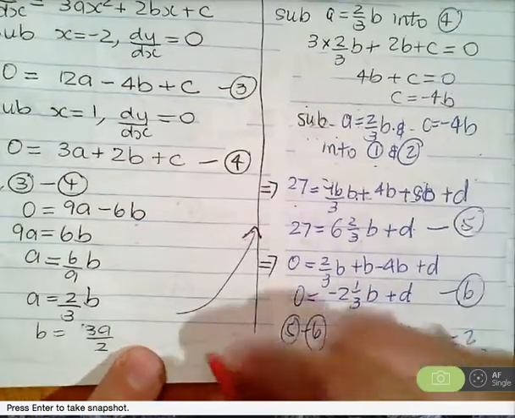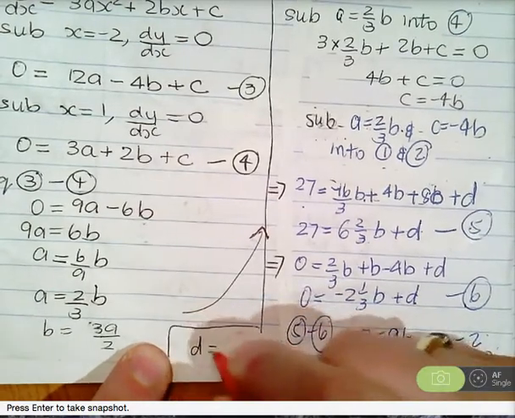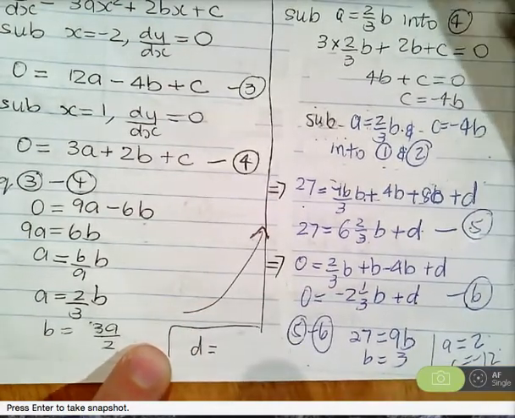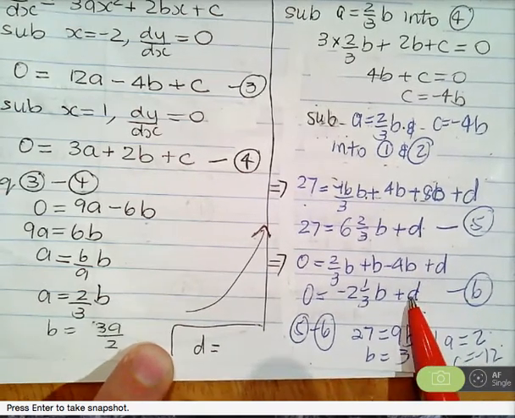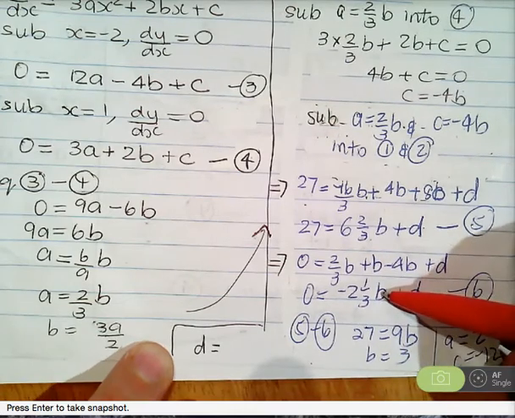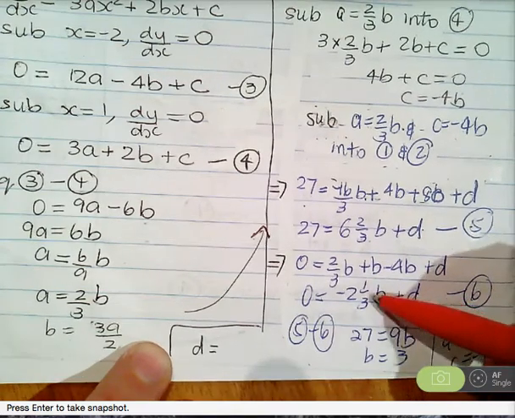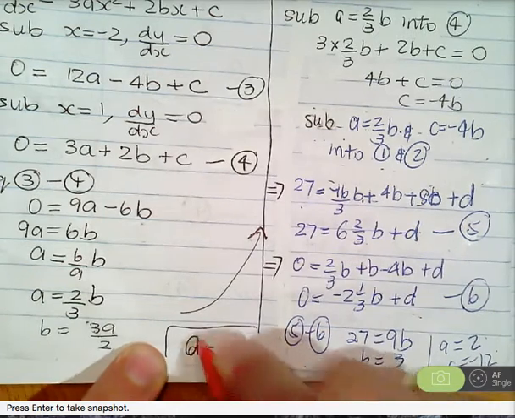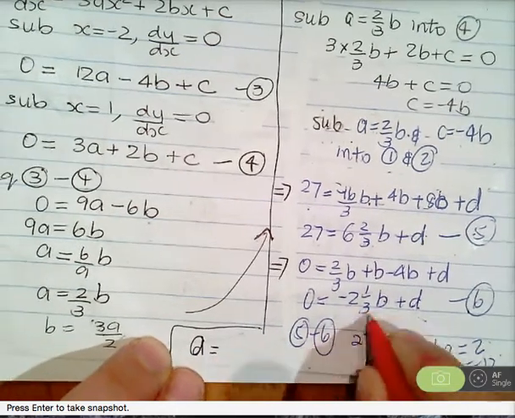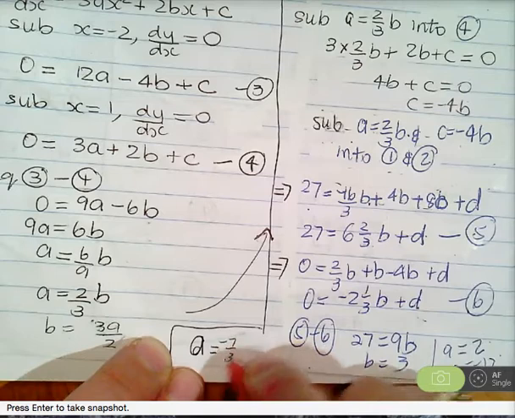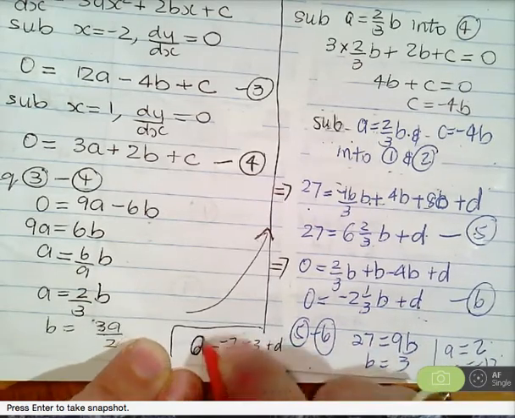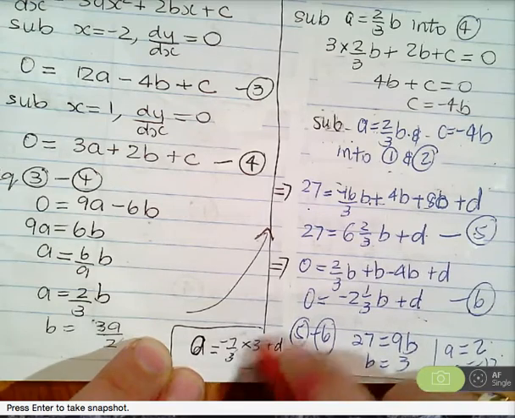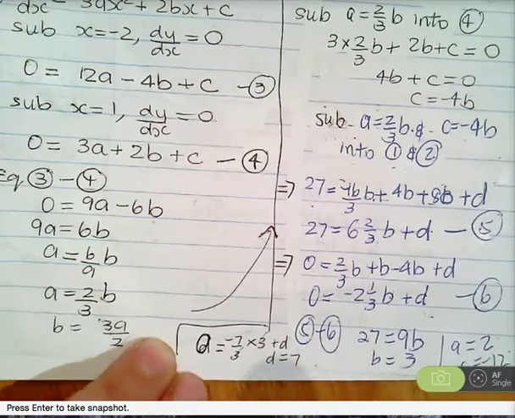And D, I just don't have room for that one, I'll just do it over here. Just go and find an equation with D in it. There's one here, or there's one here. We can substitute B is 3 into this equation. So we would get 0 equals, now minus 2 1/3 is minus 7 over 3 times B is 3, plus D. So I think they cancel, and you get D is 7, okay?